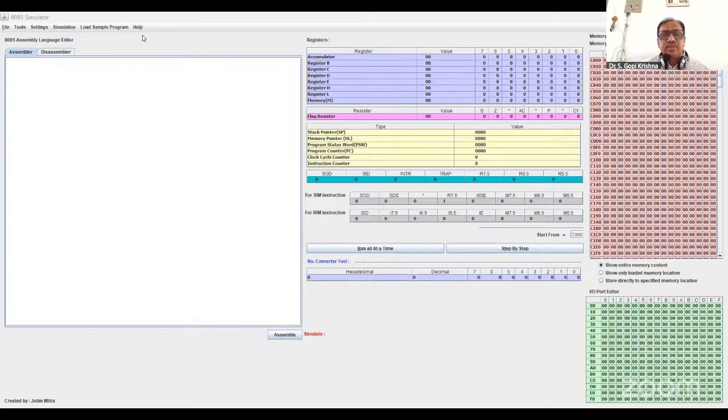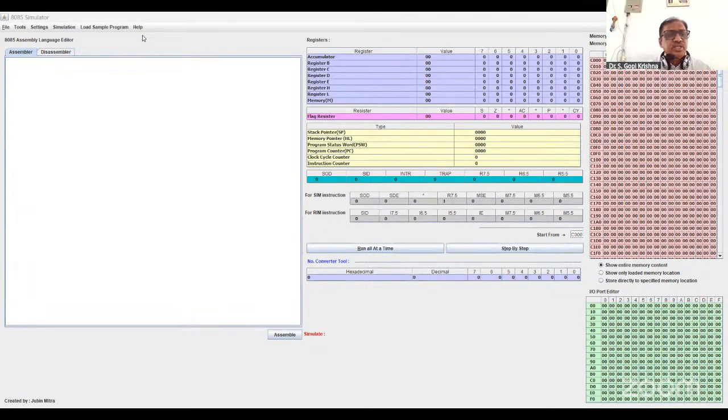The contents of the H register provide the higher-order address, and the contents of the L register provide the lower-order address. The contents of the H and L registers are not altered. So this is the SPHL instruction, not followed by any data or anything.